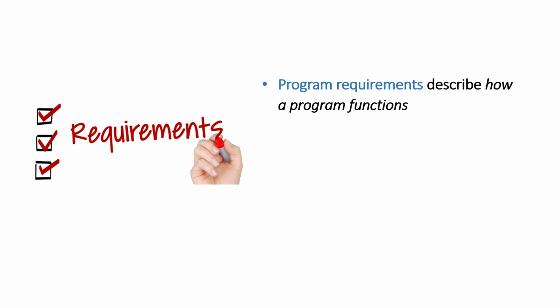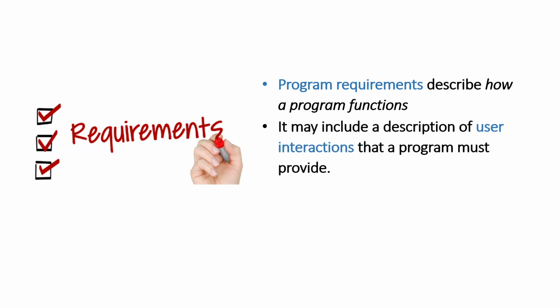So, requirements. Usually the requirements describe how a program would function. It may include a description of the interactions. So you might do a screenshot or draw a picture of the screen, and say, okay, the user's going to click on here, and it's going to do that.